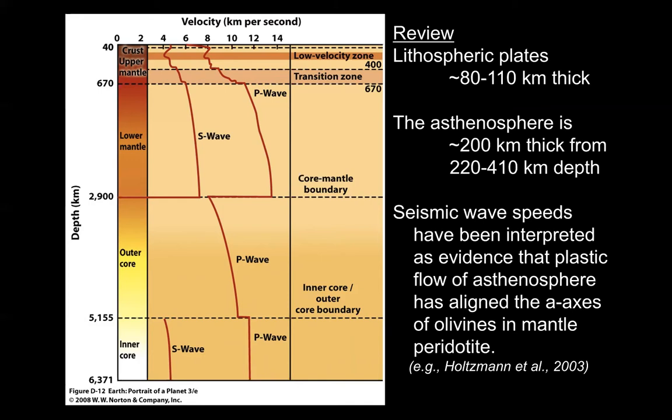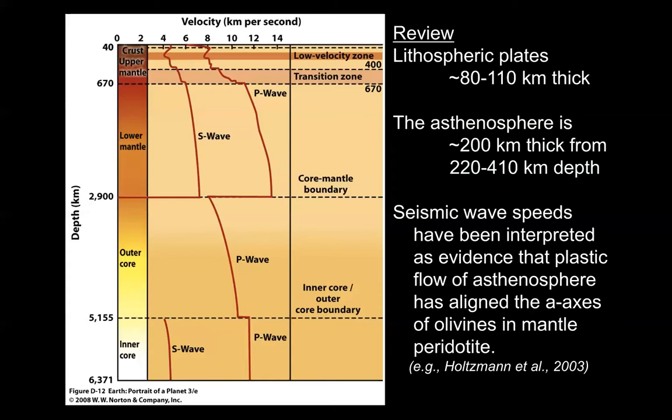The S wave, on the other hand, travels considerably more slowly. This is why it's known as the secondary arrival, although it's also called the shear wave. Both of these waves show a dramatic and significant decrease at about 100 kilometers depth. And this has become known as the low velocity zone.